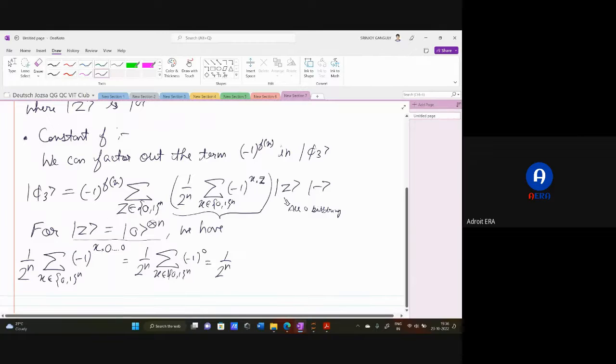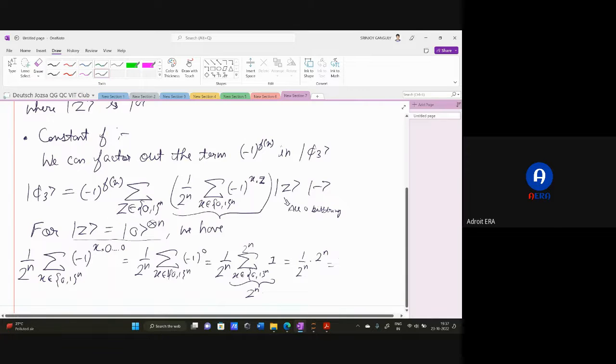Therefore 1 upon 2 to the n times the summation of 1, where this expression goes till 2 to the n, as you can verify in the formula I taught in the morning. So the summation gives 2 to the n, and 1 by 2 to the n into 2 to the n is the result.